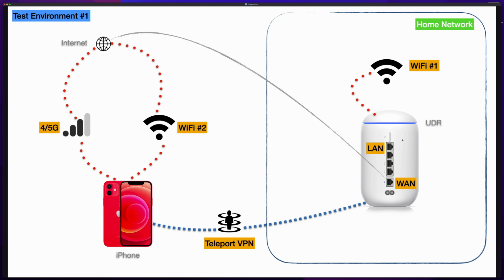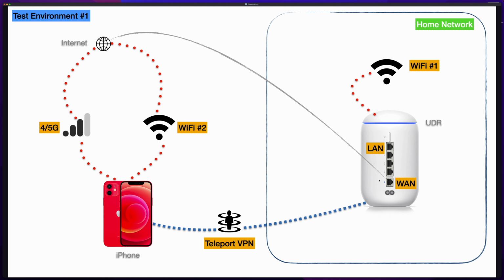Remember, UDR is also a wireless router, right? It has its own Wi-Fi network. But if you connect to UDR's Wi-Fi network, that means you are not away from your home, away from your UDR. Then through the internet, you can establish a tunnel, a Teleport tunnel, connect to your home network to achieve the remote VPN access.